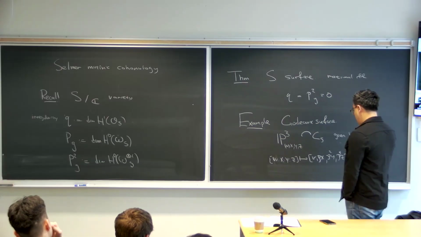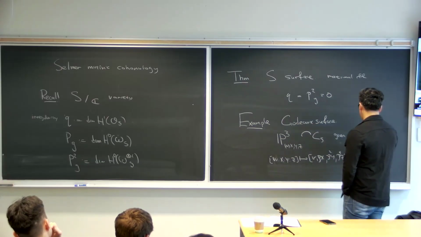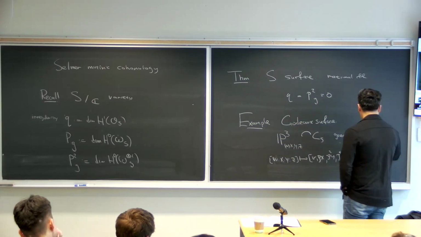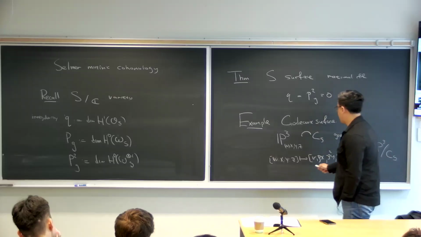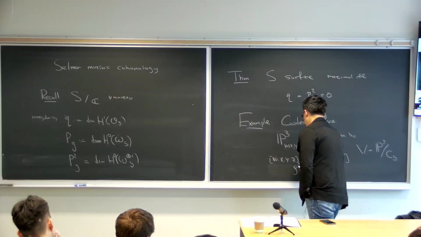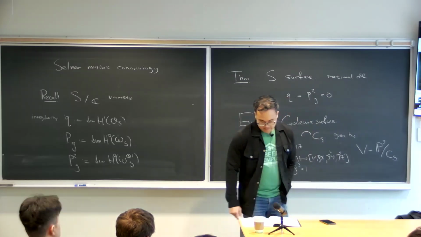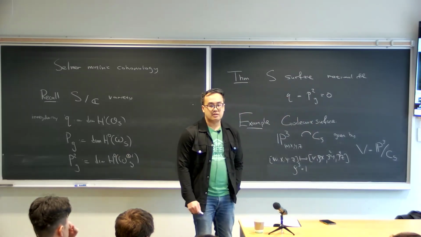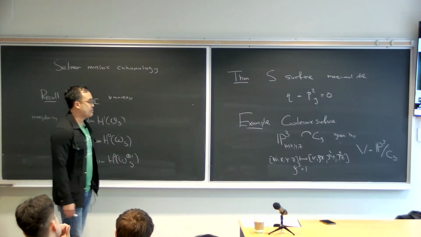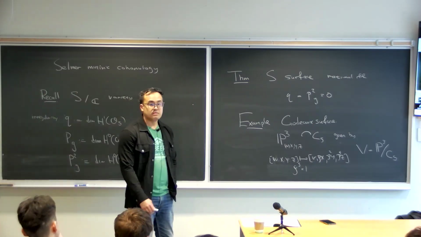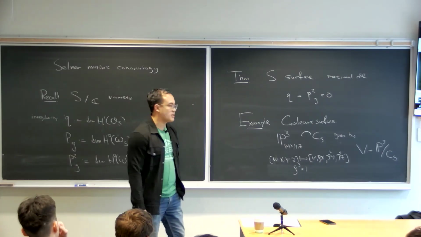The Godeaux surface, let's call it V, is the quotient of this. You can check this is a free action: you take P3 mod C5, where rho to the 5 is 1. If you're a topologist, this is a way to construct an approximation of BC5, that's the homotopy type roughly speaking.